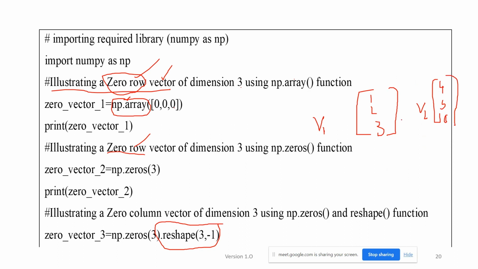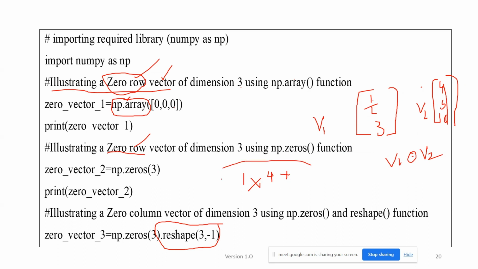Now I would like to do the dot product of vector 1 and vector 2, that means multiplication of the two vectors. How are we multiplying? In mathematics, we multiply directly, like 1 into 4 plus 1 into 5 plus 1 into 6, first row with first column.